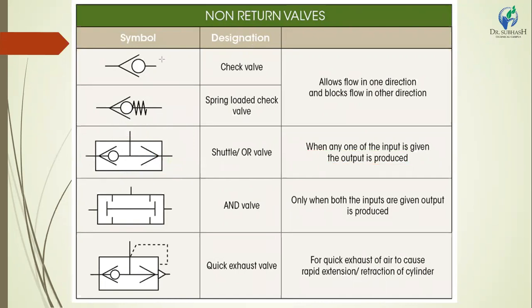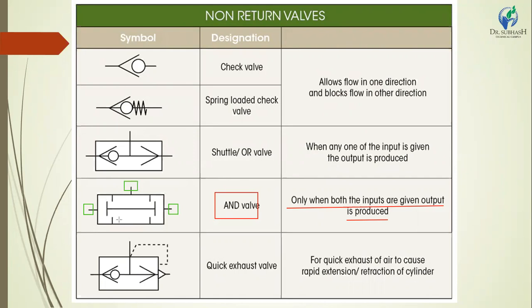The next is the AND valve. Only when both inputs are given is output produced. Here we have to mention the input, output condition and number of ports: port 1, port 2 and port 3.